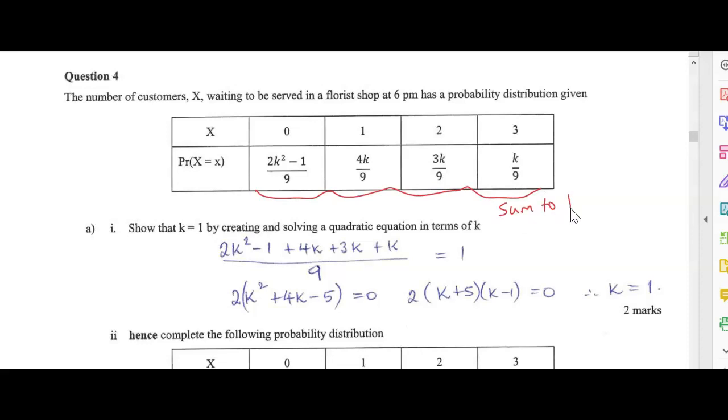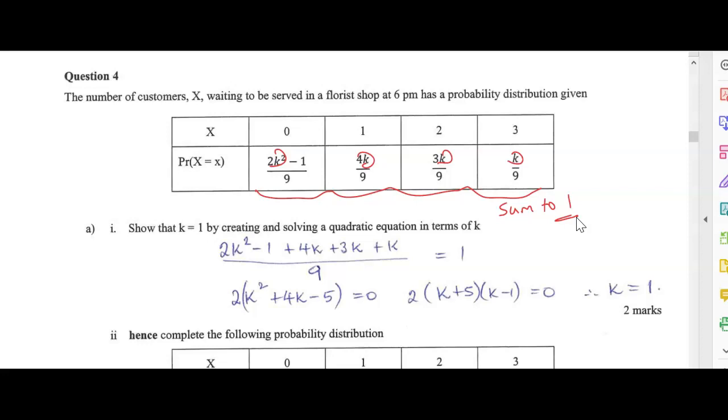So you can see here for question A part 1, show that K equals 1 by creating and solving a quadratic equation in terms of K. The fact that K equals 1 has nothing to do with the fact that it sums to 1. It's just coincidental, all right? So you can see here we've added them all up, and there's a common denominator of 9, so that's why it's all put over 9.